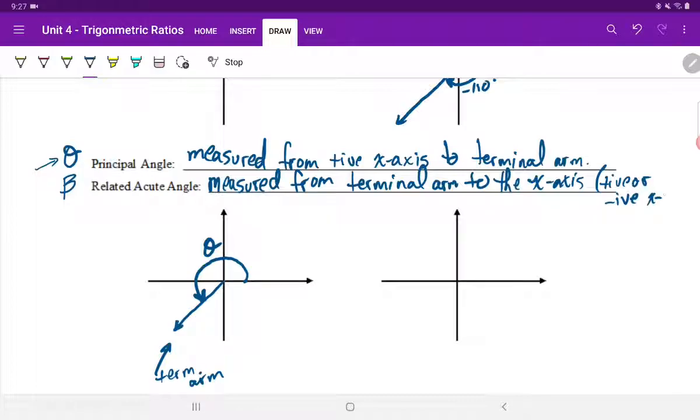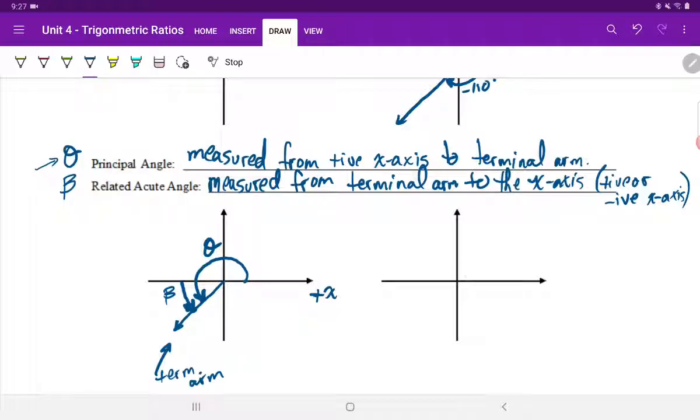It doesn't matter, because the principal angle has to start on the positive x-axis, whereas the related acute angle is just measured from the terminal arm. So let's say from here to any side of the x-axis, whether it be positive or negative. This is what's known as our beta. In this case, it's from the negative x-axis to the terminal arm.